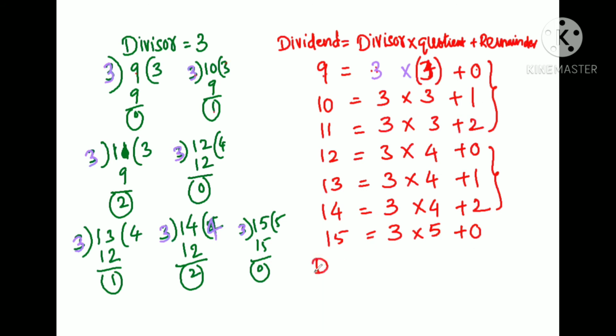So here A, this 3 is divisor, these are quotients and remainders are like this. So when divisor is 3, then possible remainders are 0, 1, 2.